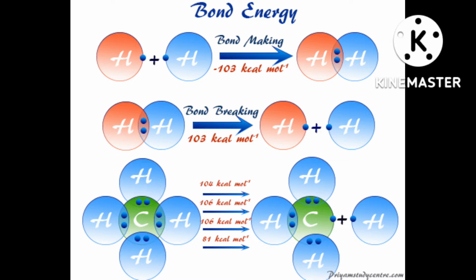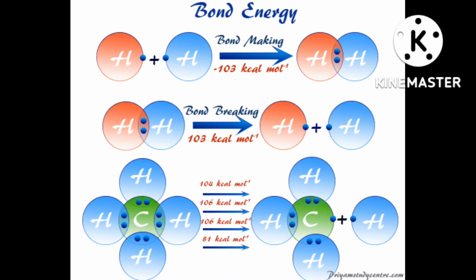Then this heat requirement, heat absorbed, 435 kilojoule per mole. This 435 kilojoule heat is called heat or enthalpy of atomization. Okay.